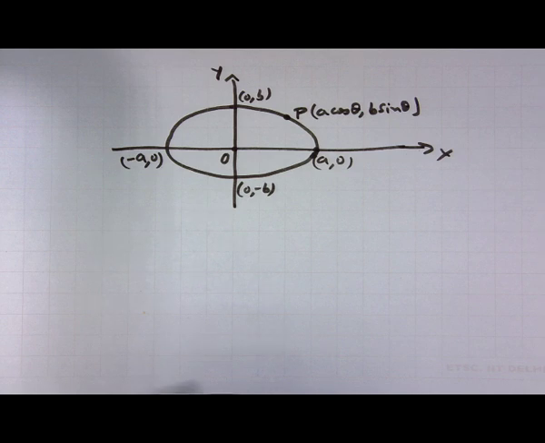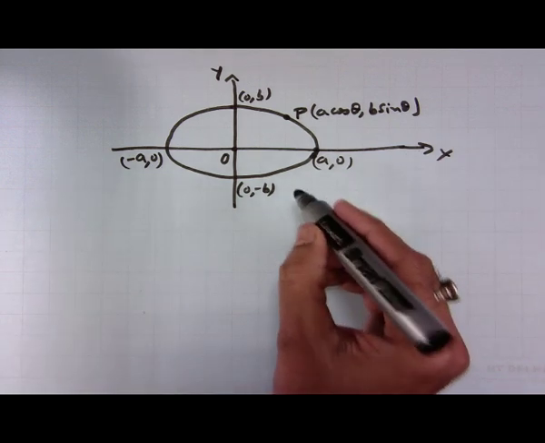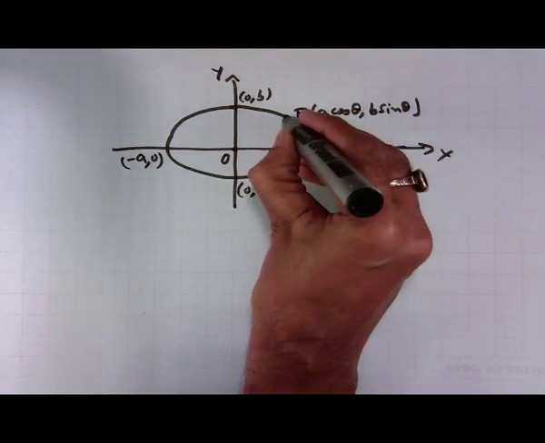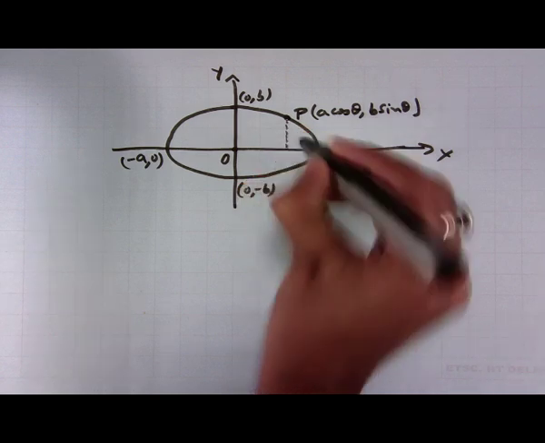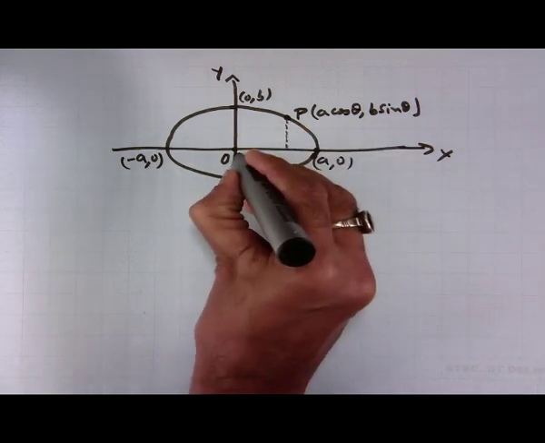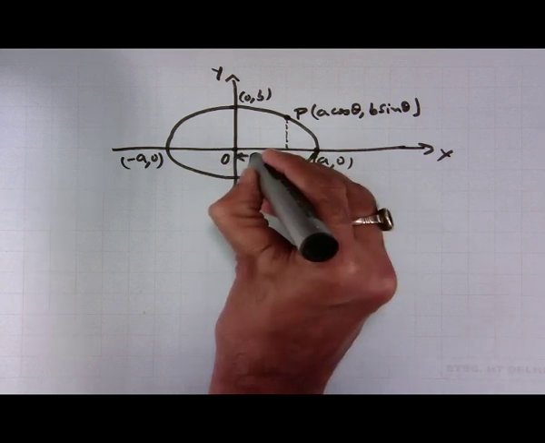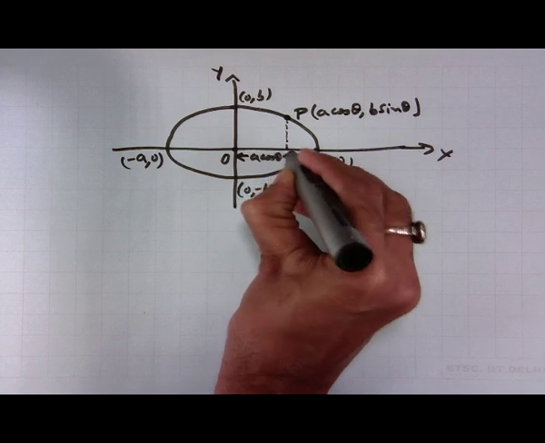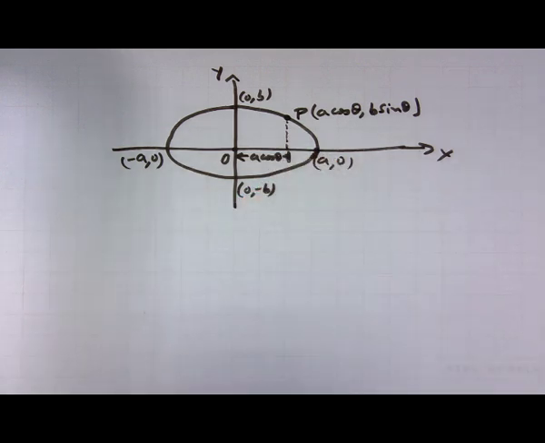And where do we see this angle theta in the picture? Now, if you see this, the x coordinate of the point is a cos theta. So, this length is a cos theta.